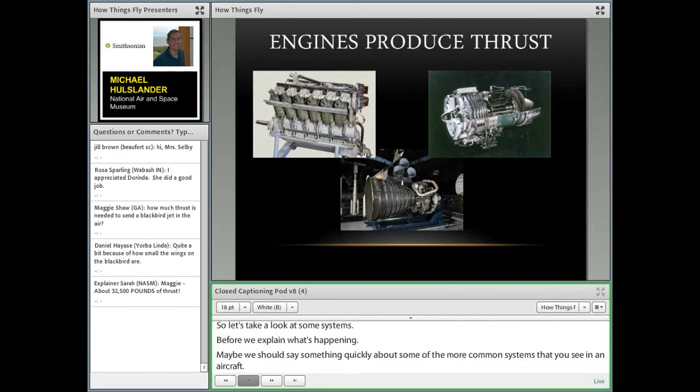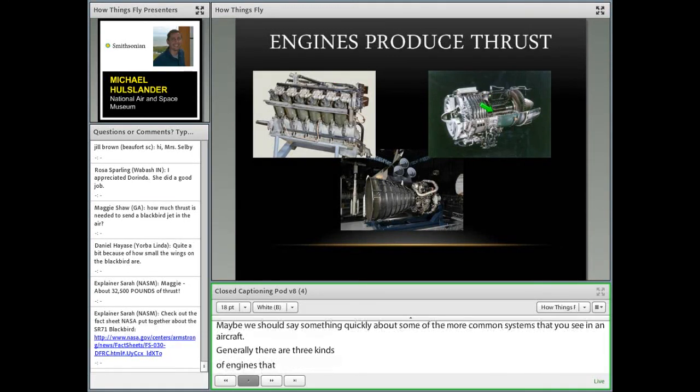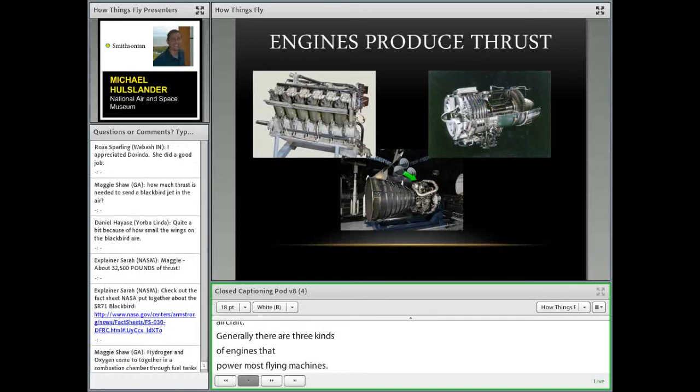There are piston engines, which you see in the upper left-hand corner of your screen, right there. You have jet engines, right over here on the upper right-hand side. And of course, rocket engines. And all of these propulsion systems basically depend on the same principles to produce thrust.